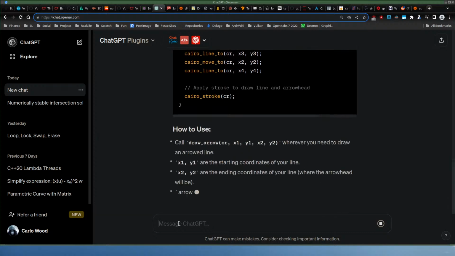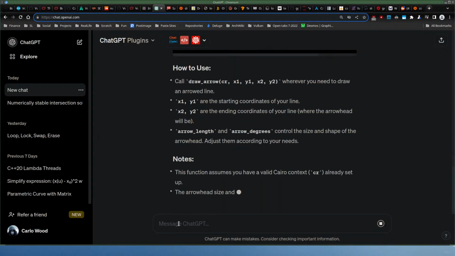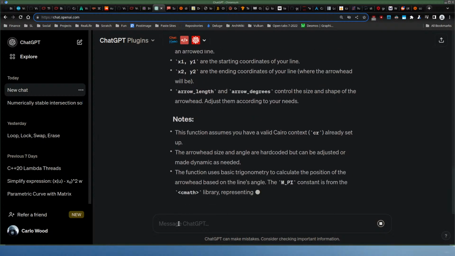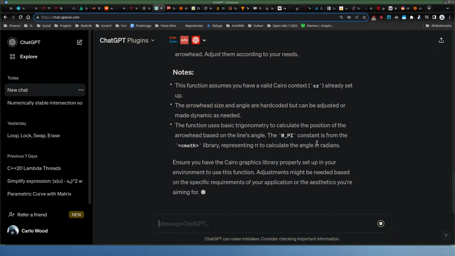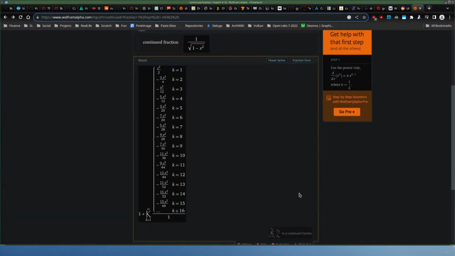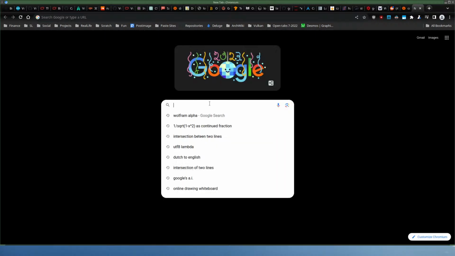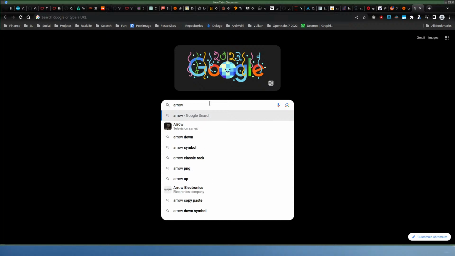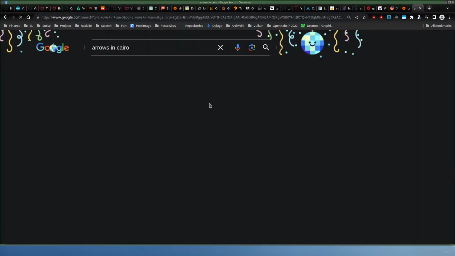What? It does not support that? I am shocked. How the hell is that possible? Arrows in Cairo.